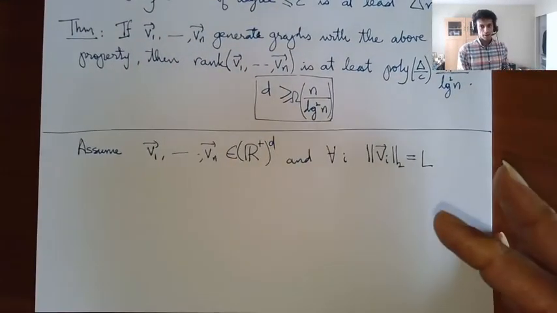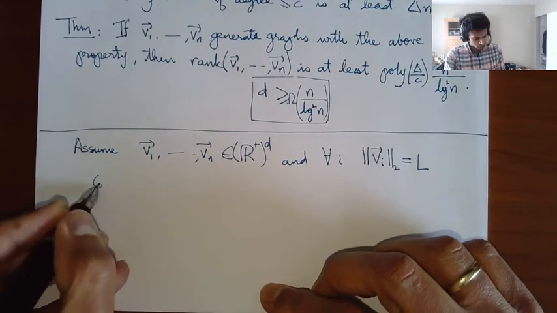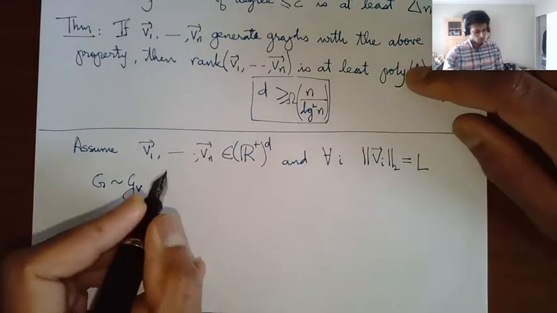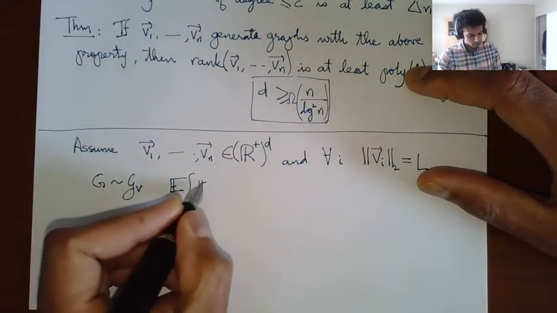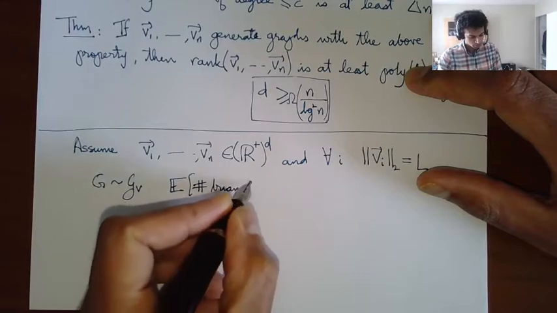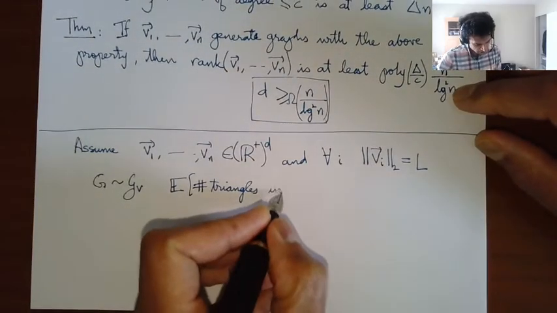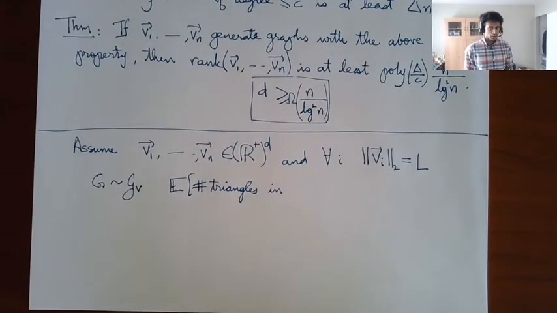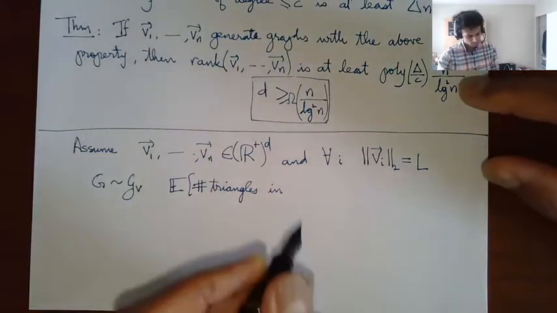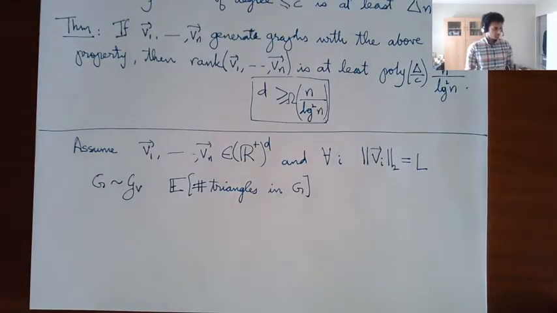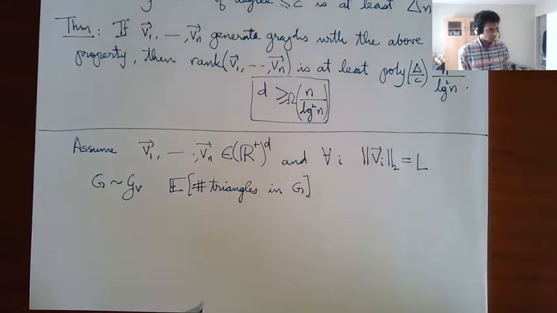Now suppose G is generated from this distribution. What is the expected number of triangles in the graph? I'm going to write down an expression over here.